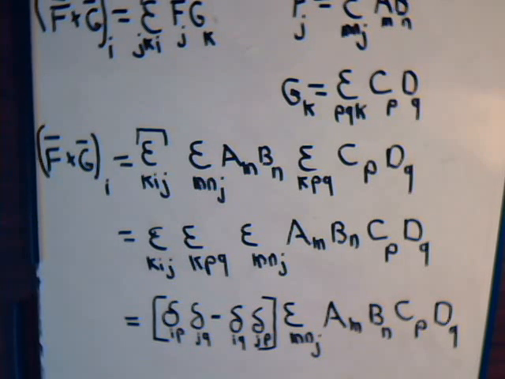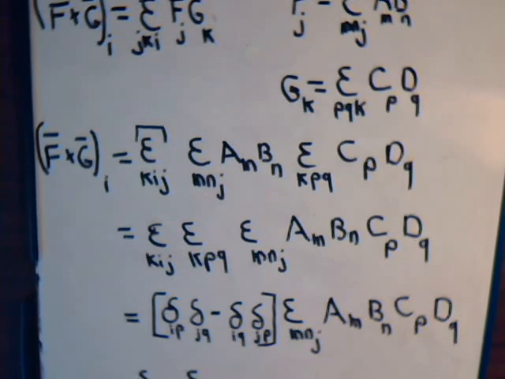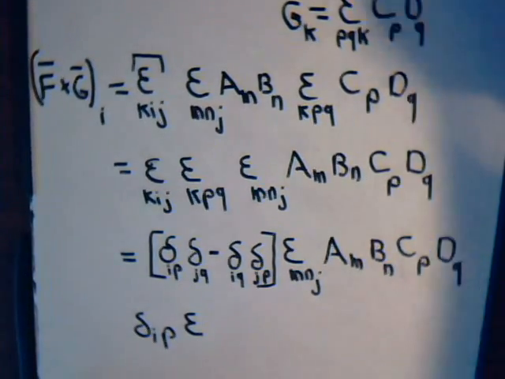So what we have then is this delta IP. This operating on this gives epsilon, and the J is now a Q.